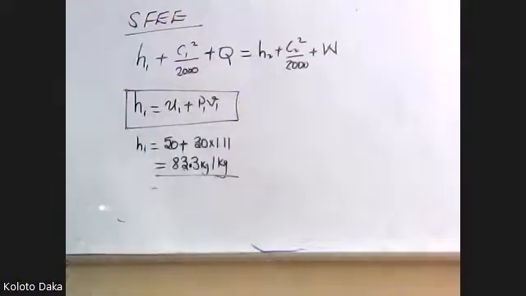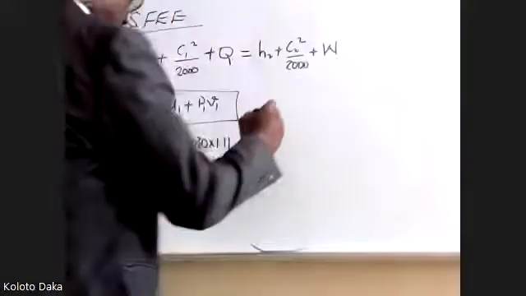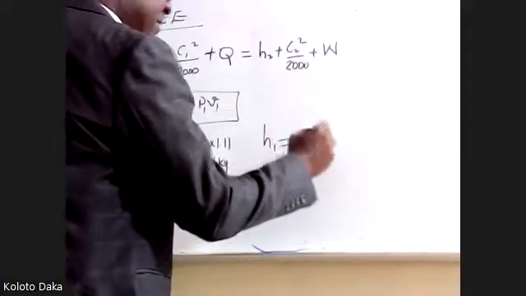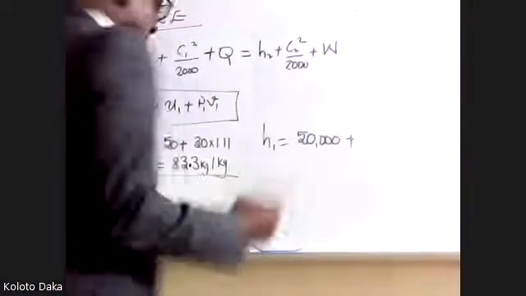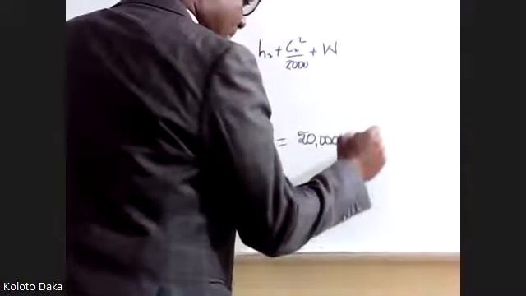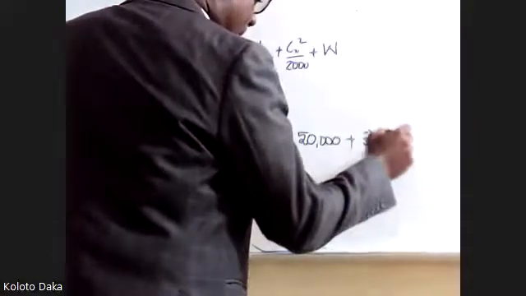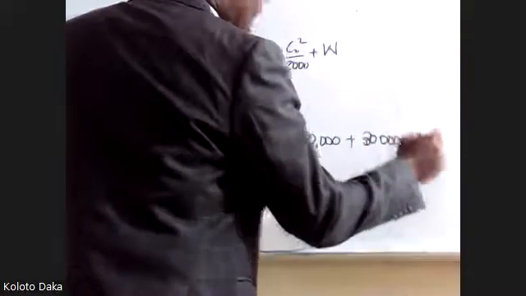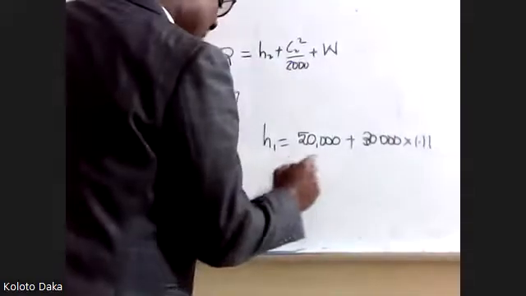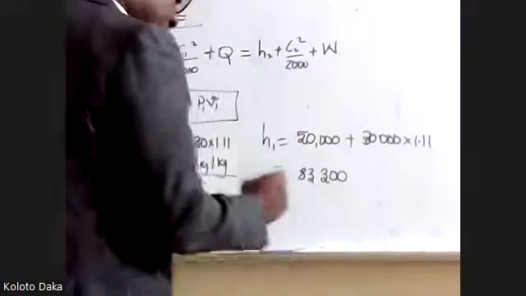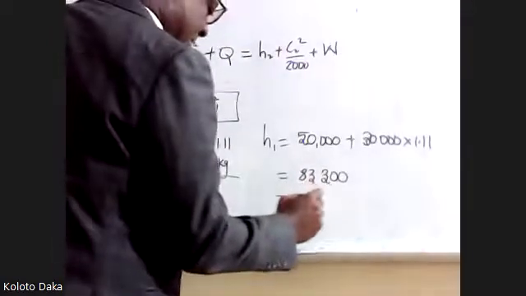Since you like suffering, you would say this is 50,000 plus 30,000 multiplied by 1.11. The answer will be 83,300. Then again you convert.